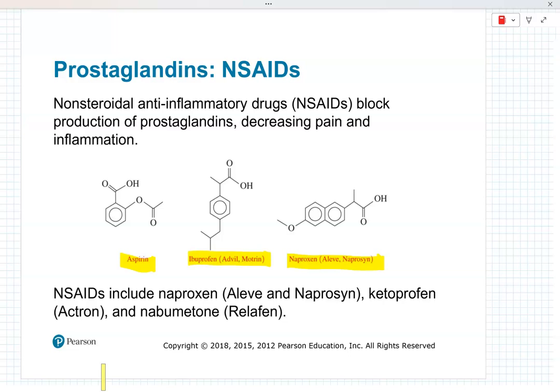There are other drugs, ketoprofen, which I think now is not widely used in the United States because it has a variety of side effects. They don't include Tylenol here, acetaminophen, but technically it is a non-steroidal anti-inflammatory drug. Okay?